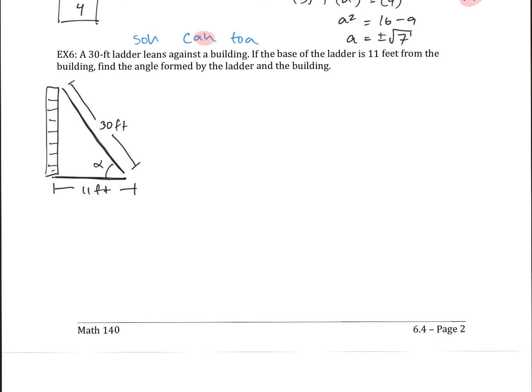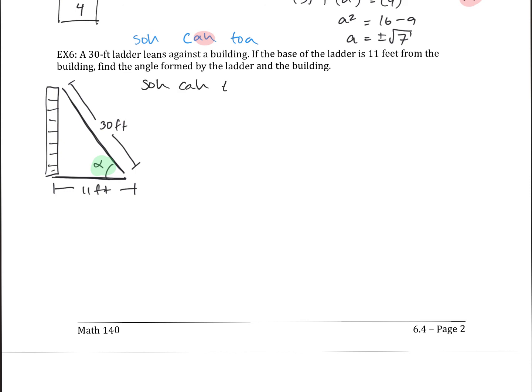Notice, I have indicated on my diagram what alpha indicates. So you don't have to write a let statement if you label your diagram correctly. But let's try to solve this. Once again, I'm looking at a triangle with an unknown angle and two side values known, which means I'm thinking of SOHCAHTOA.